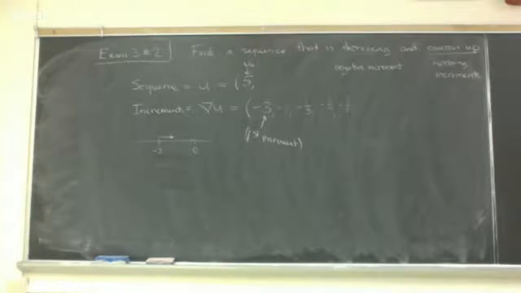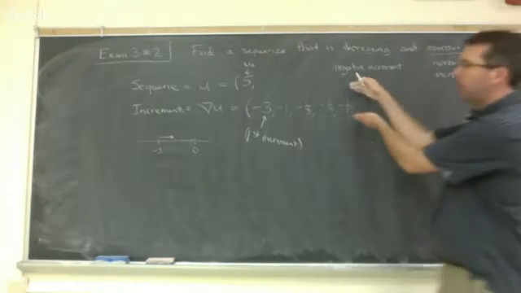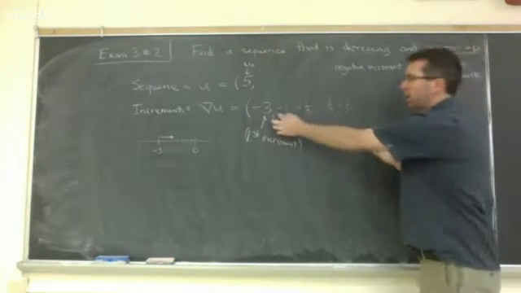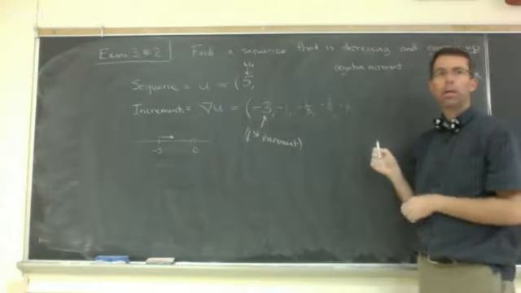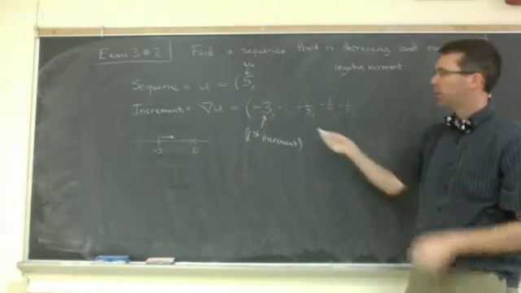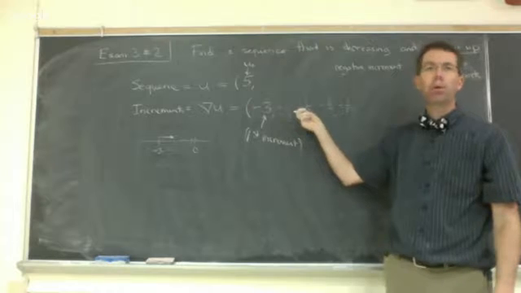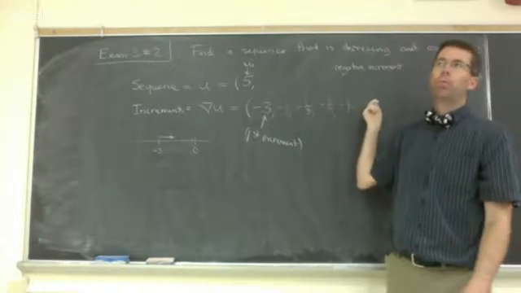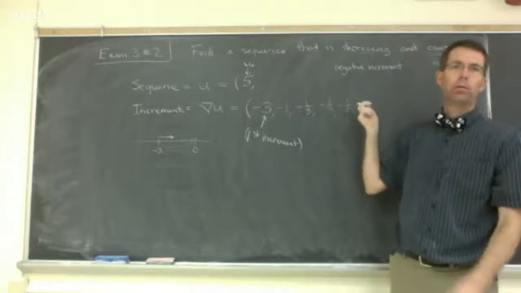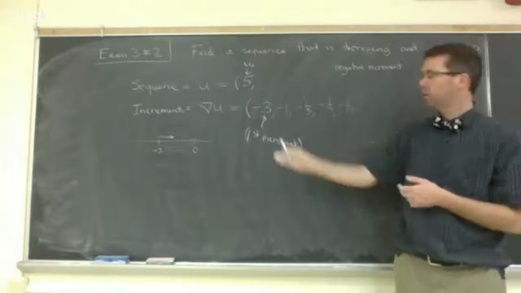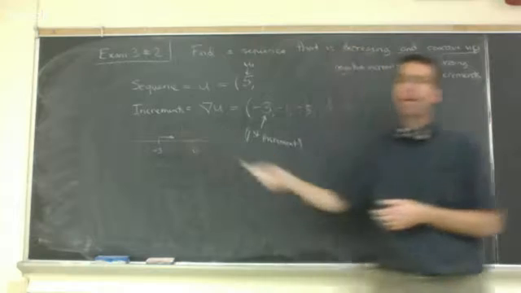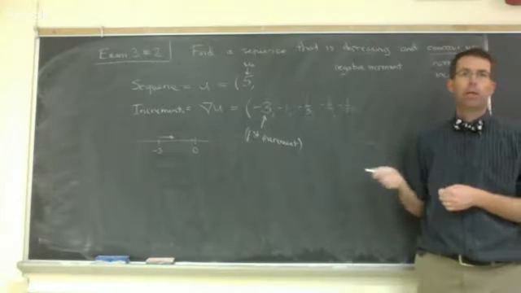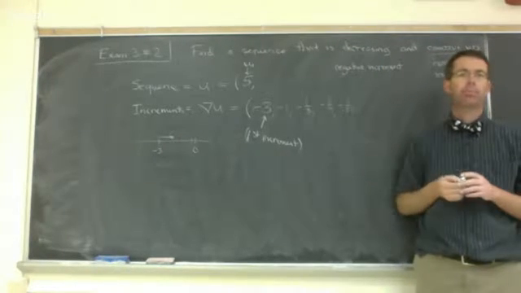As long as I see that you stay negative and I'm increasing, it'll be a valid answer. So I could have done -3, -2, -1, -0.5, -0.4, -0.3, -0.2, -0.1, -0.05, -0.04. As long as it's obeying this rule that it stays negative and is increasing for the increments, it'll be fine.